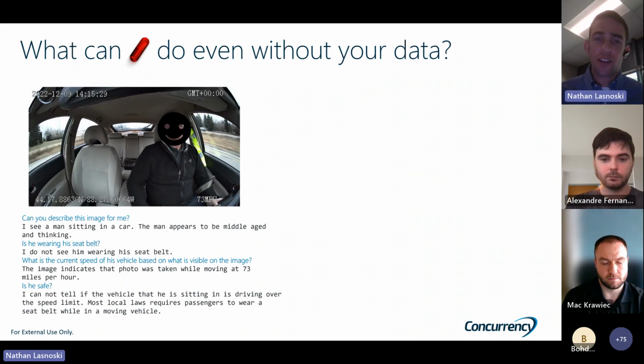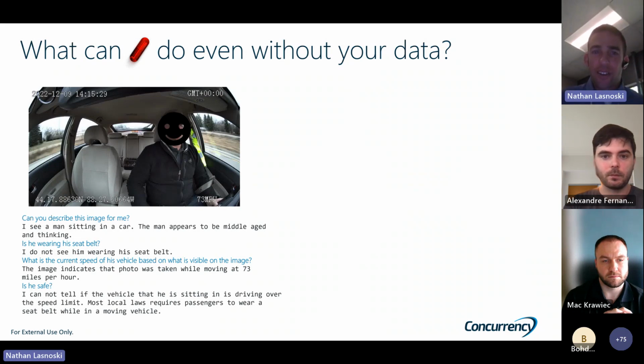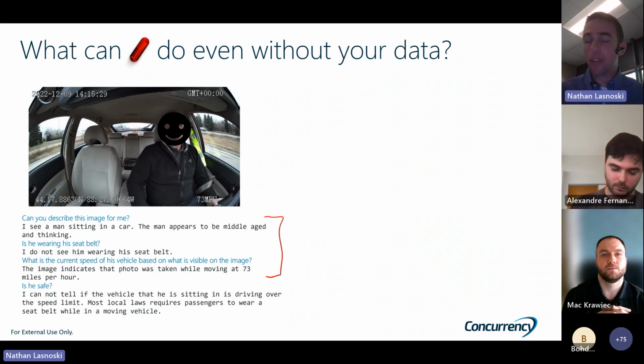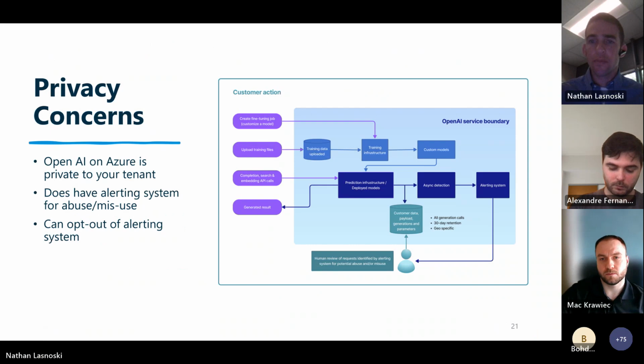But even the scenario of taking video content and saying, what does this describe? Is the person wearing a seatbelt? What's the speed of the car? Being able to provide information back that informs other things. Any kind of video scenario is starting to become accessible via this. So don't even box your thoughts into just text content. There are scenarios where you're thinking about image content or video content that might be really interesting to explore and have a lot of value to your organization.